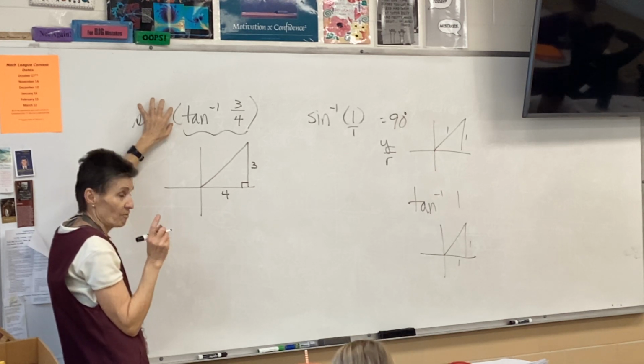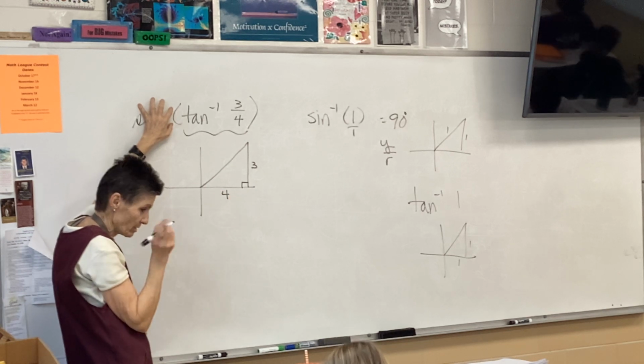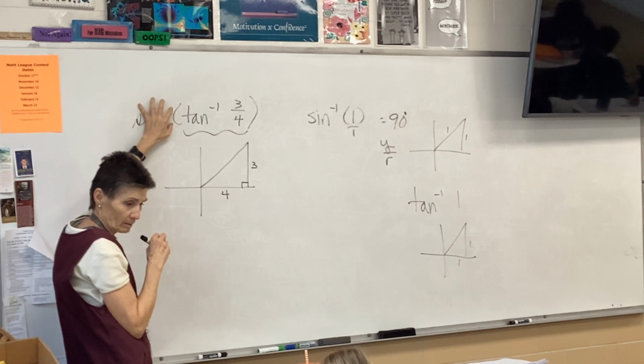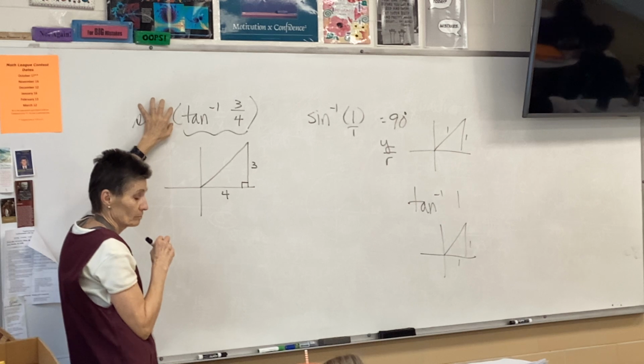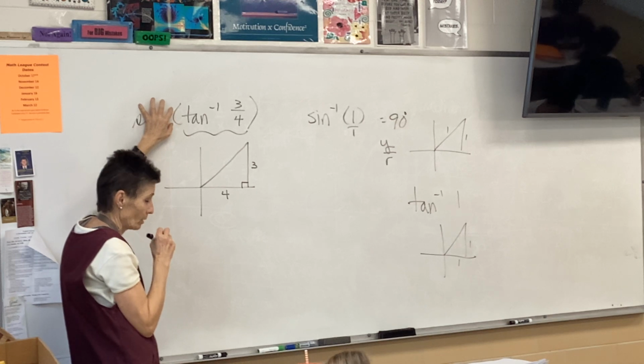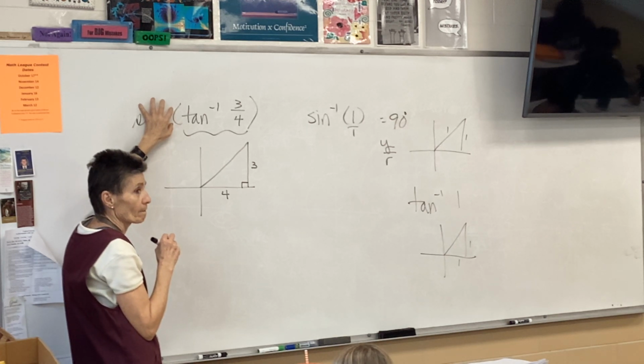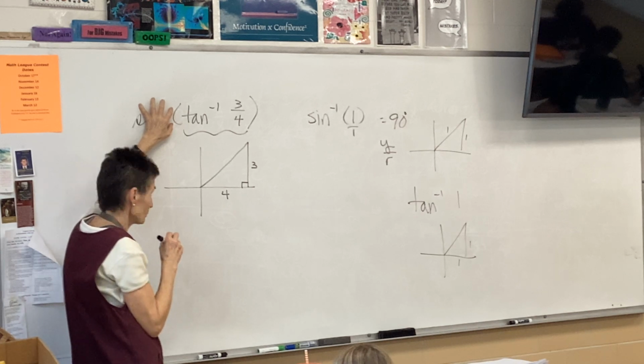Pythagorean theorem. Find the hypotenuse. Okay, so go ahead, find the hypotenuse, just like you always do. What'd you get? 5?